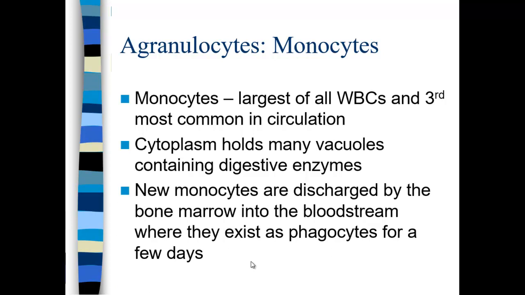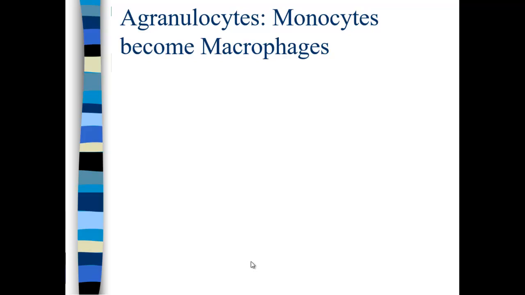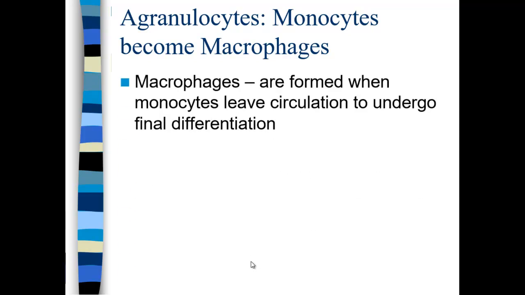They go into the bloodstream where they exist as phagocytes for just a few days. This is where monocytes become macrophages. The macrophages are formed when the monocytes leave circulation and undergo their final differentiation. So they leave the circulatory system, and then they differentiate as they enter the reticuloendothelial space.